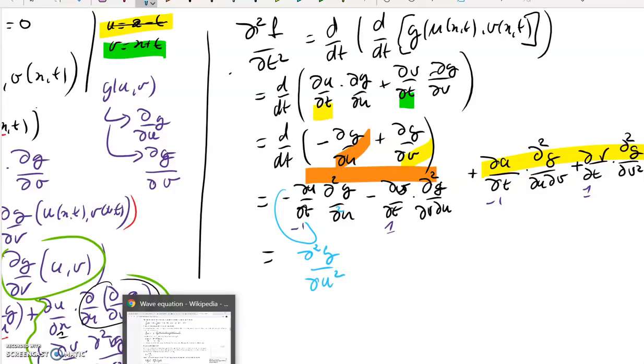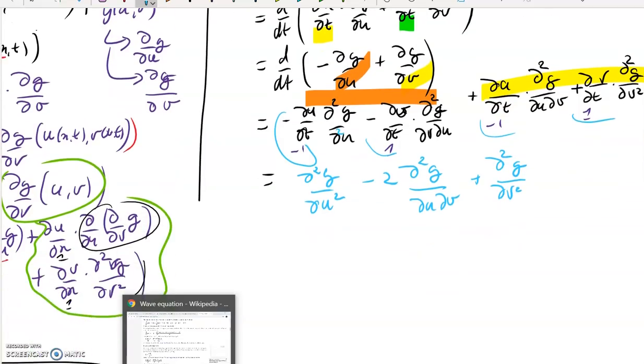Then we have, this is minus 1, this is minus 1, so minus 2 d2g, so these are the cross derivative, du dv. So assuming they are going to give you the same, well, we can exchange the order of differentiation applying the Schwarz theorem. And finally, I've got 1 times plus 1 times d2g over dv squared.